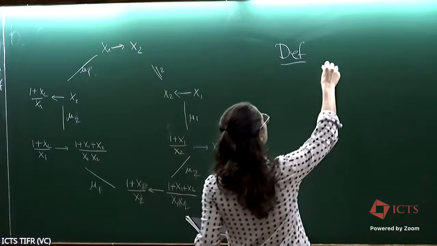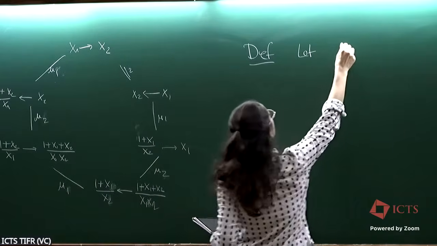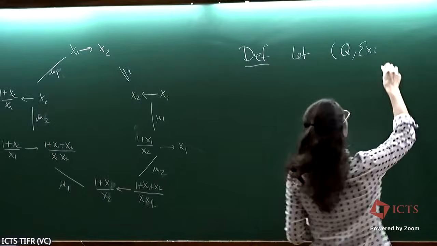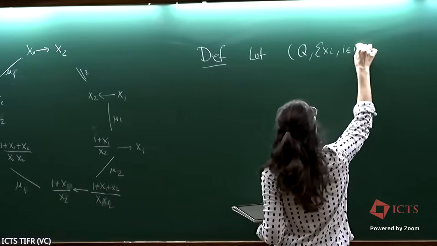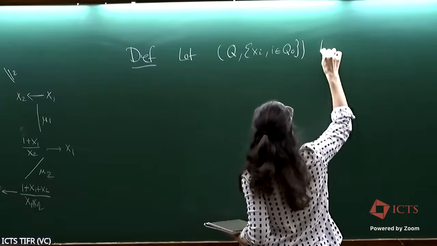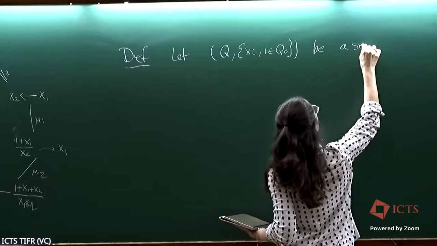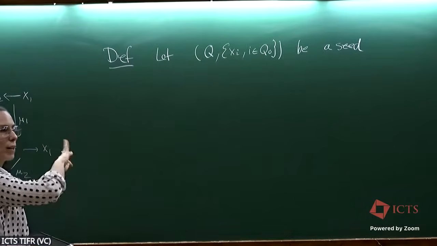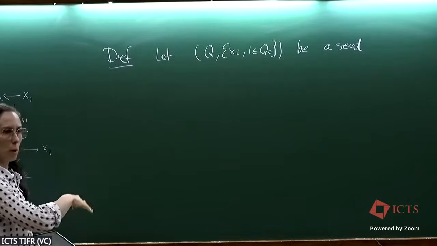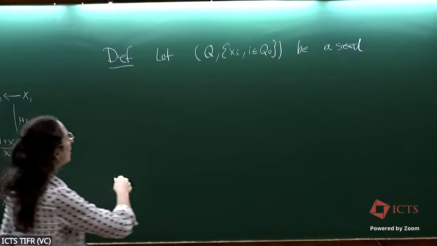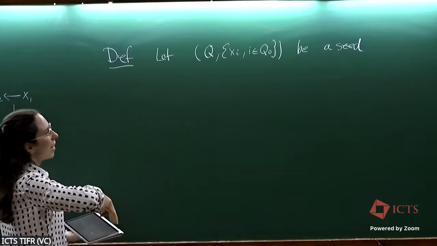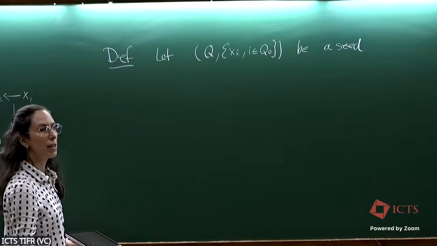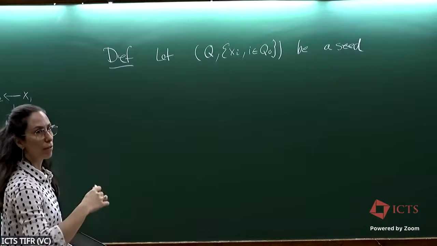So if we have a seed, from this seed I want to get to another seed by doing something on the quiver, reducing its number of vertices, in order to get to something that would generate a cluster algebra that is also a subalgebra of the algebra of this one.